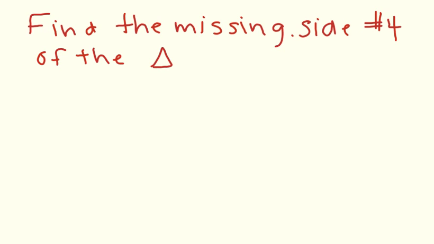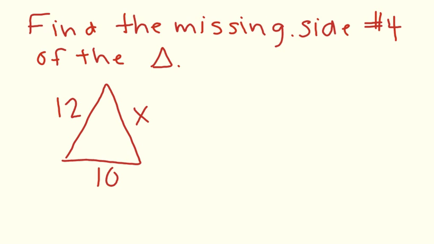You're going to be given a triangle with sides of 12, 10, and x. We know that in this case they're going to give us the perimeter of 27. So in order to find the missing side, perimeter is just adding up all the sides.